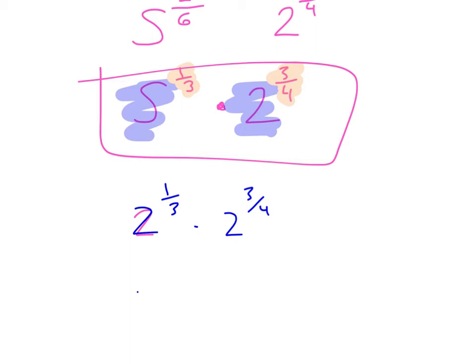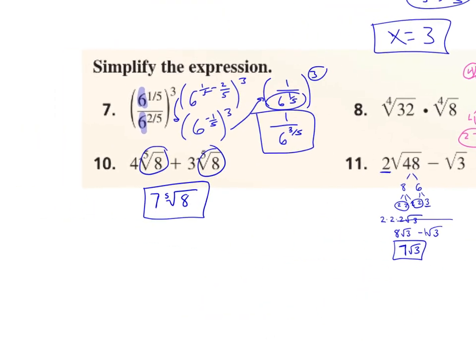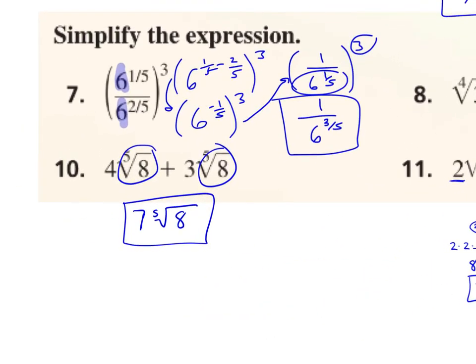So we add the exponents together. So 1/3 plus 3/4. When you're multiplying and you have the same base, you add the exponents. We did an example in number 7 where we were dividing and we had the same base, so we subtracted.